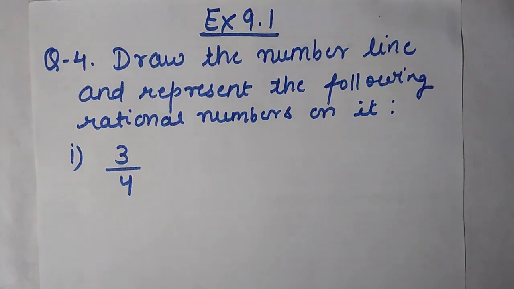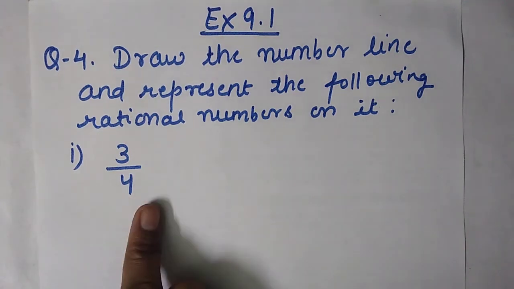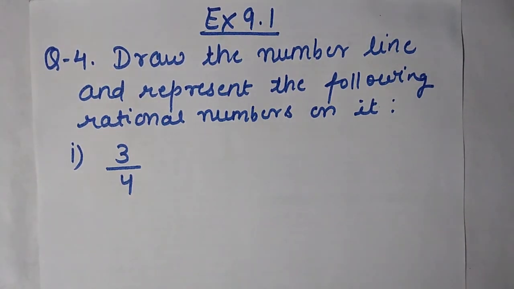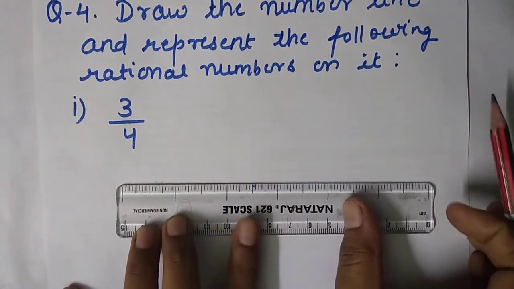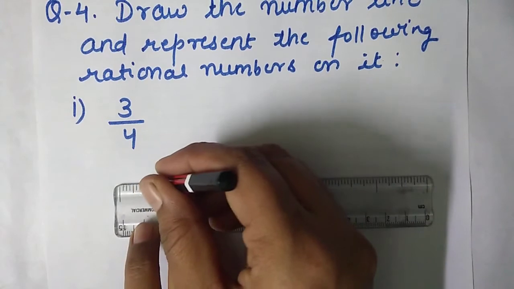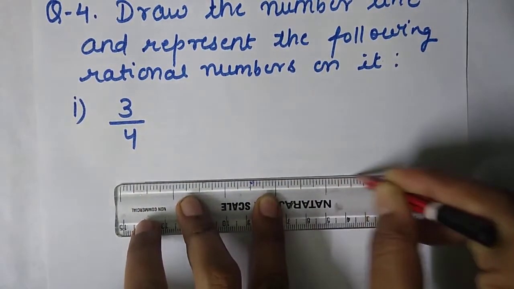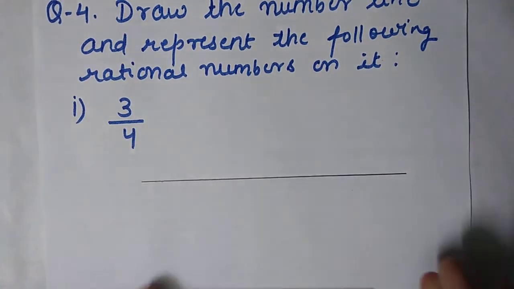Here I am explaining how you can represent the rational number on a number line. I am taking the first part, that is 3 by 4. First, for representing this number you have to draw a number line with the help of a ruler. This is a number line where you can represent every type of rational number.